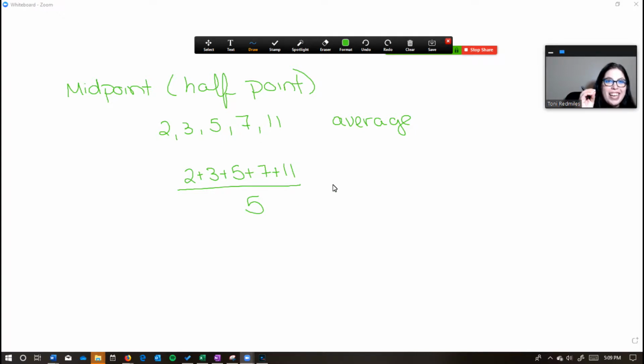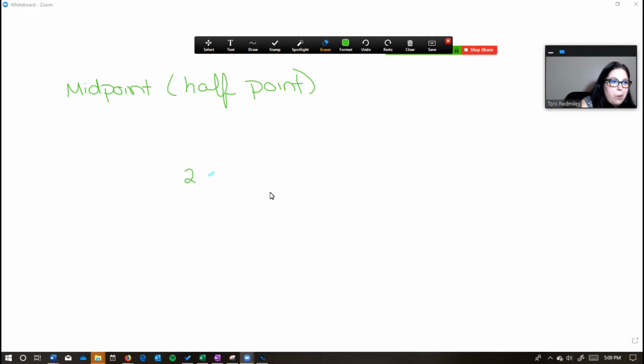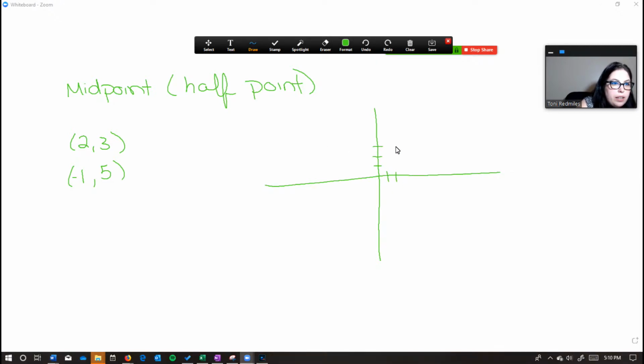The same thing is true with the midpoint. Let me show you how this works. When I'm finding the midpoint of 2 points, let's say I have (2, 3) and (-1, 5), we are literally finding the point in the center of these two points.